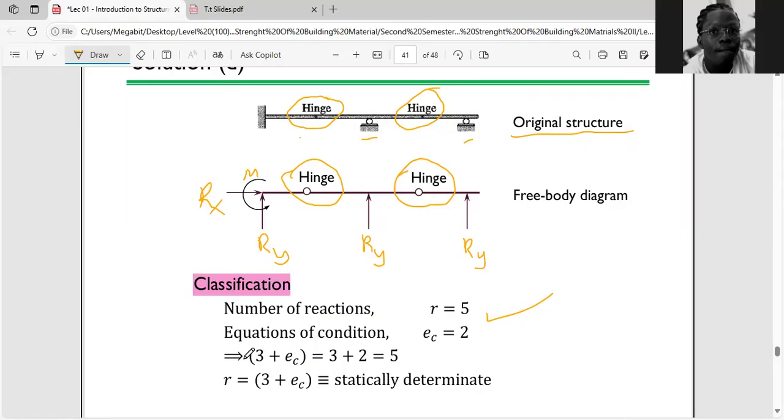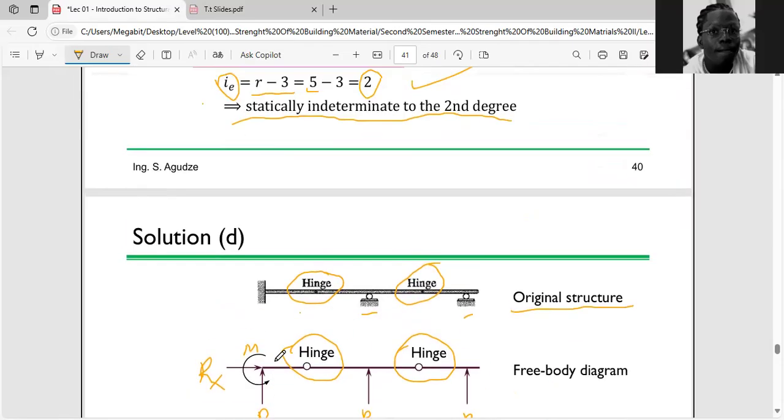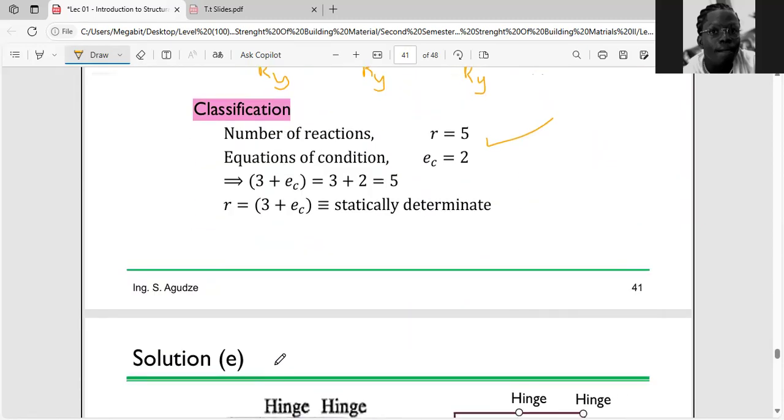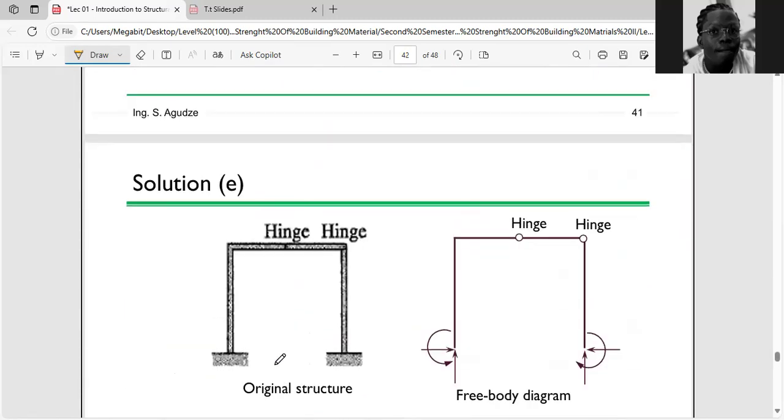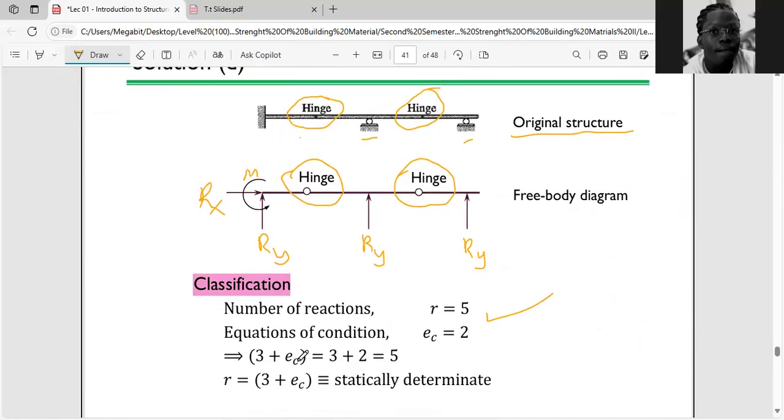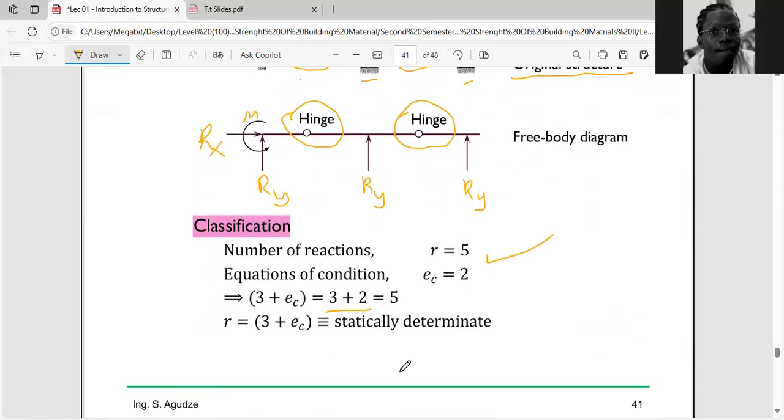This 3 over here is a constant. So 3 plus EC is 3 plus 2, which is going to give us 5 at the end of the day.